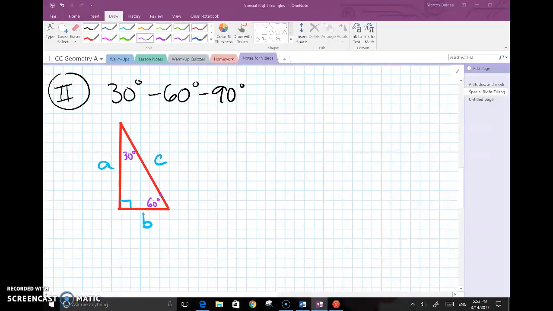Now, the smallest angle opens up to a side opposite from that angle, and that side, if you follow the dots here, is side B. Now, because 30 degrees is the smallest angle, that means that B is therefore the smallest side.